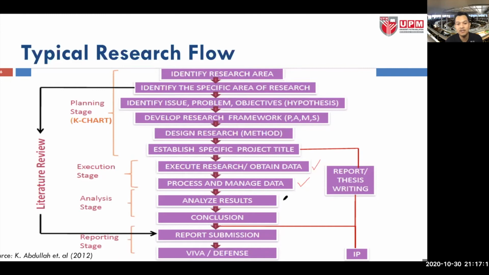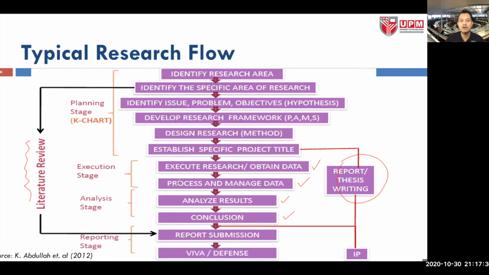Process and manage data, analyze results, write a conclusion, where you write the dissertation report. And the process of literature review is continuous, meaning that from the beginning to the report submission, you are going to do continuous literature review, right?